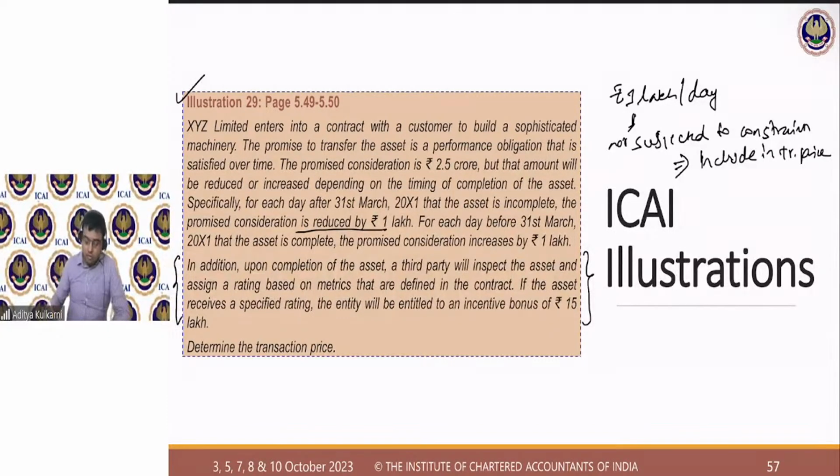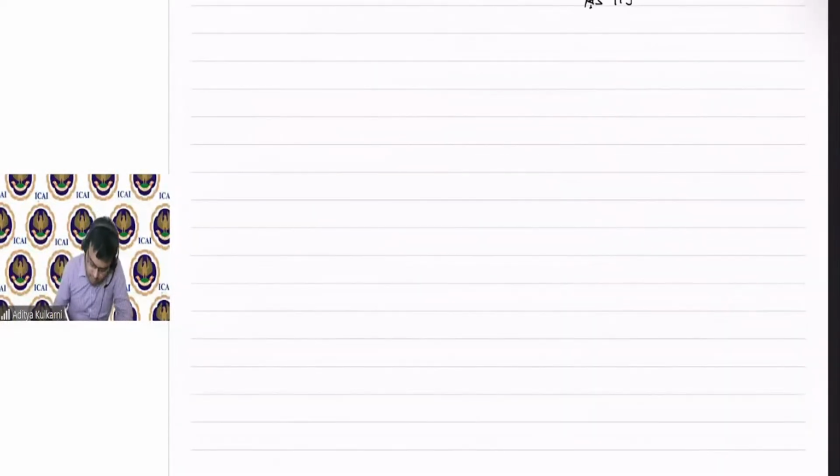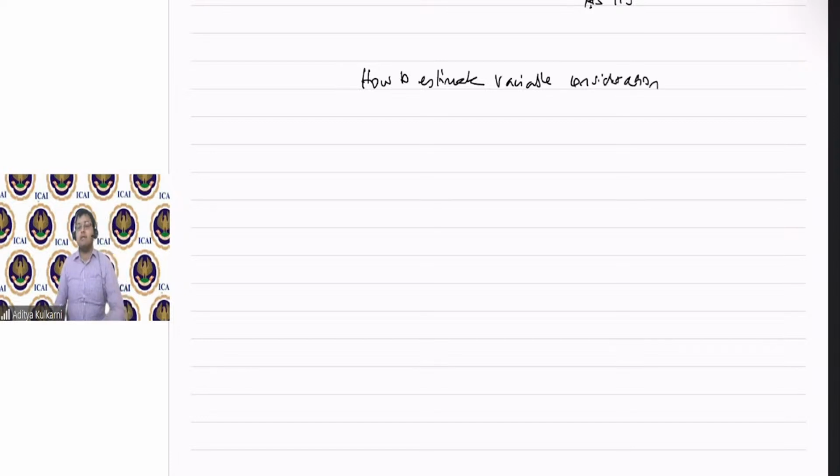Okay. Now, the next question that arises is, how to estimate variable consideration. So there are two approaches to this.